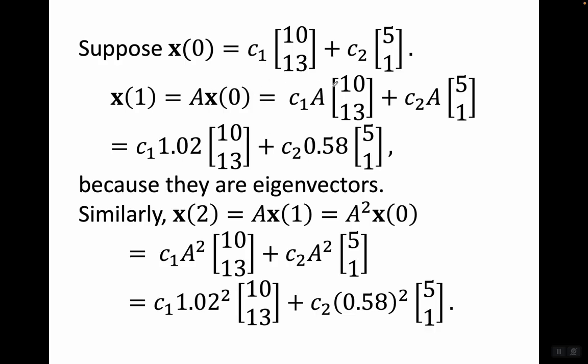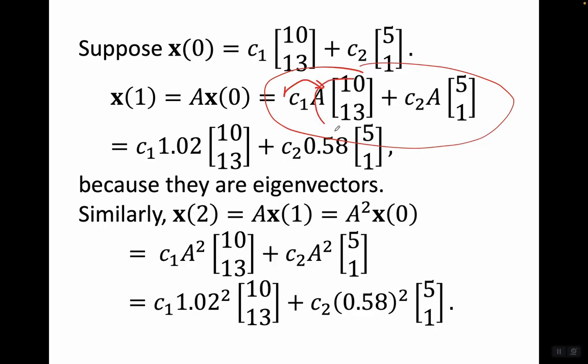In other words, it's going to be c1 A (10, 13) + c2 A (5, 1), because A is just a constant. So even though the A started out over here, you can just move it on the inside like that. But that's going to be equal to c1 times 1.02 (10, 13) plus c2 times 0.58 (5, 1), because they are eigenvectors.